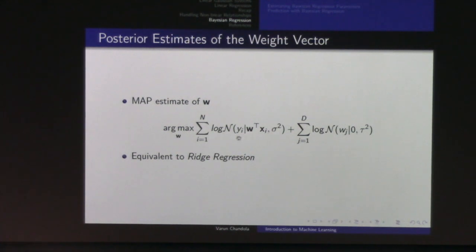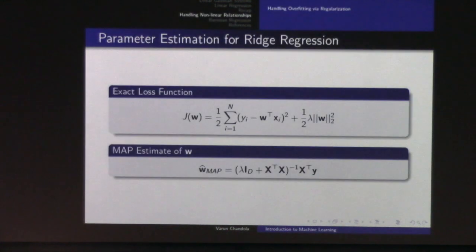It has the same effect as doing ridge regression, except that it's doing it in a probabilistic fashion. So this tau has the same kind of effect as what your lambda has. In ridge regression, if we go back a little bit, this is our equation.